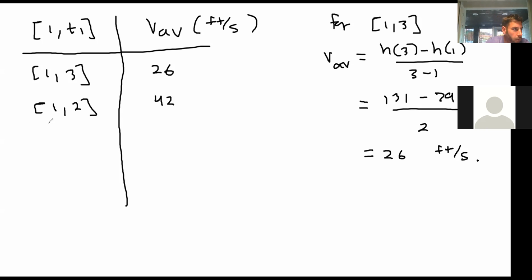The next one was what happens if I shrink it down to from 1 to 1.5. If I plug it into my calculator, now it's 50.